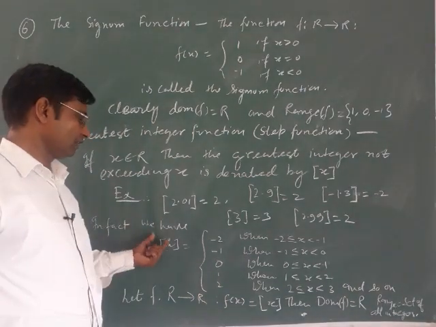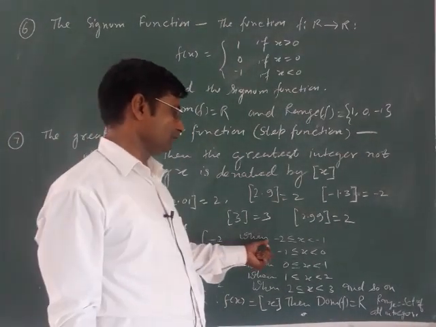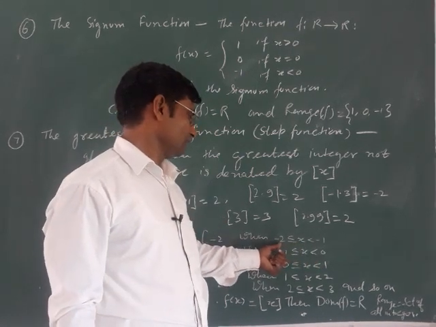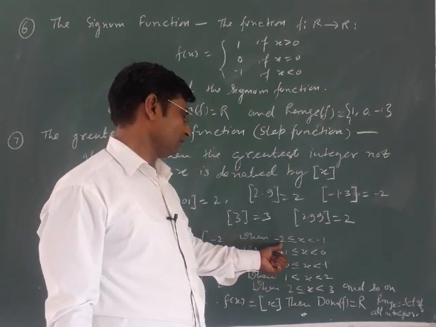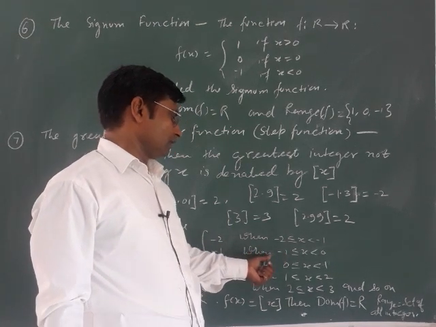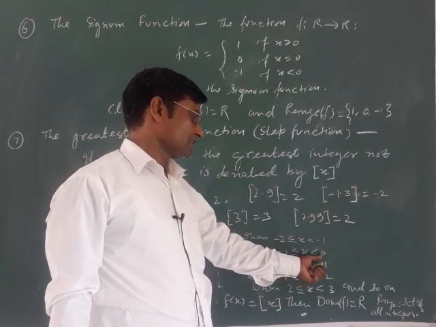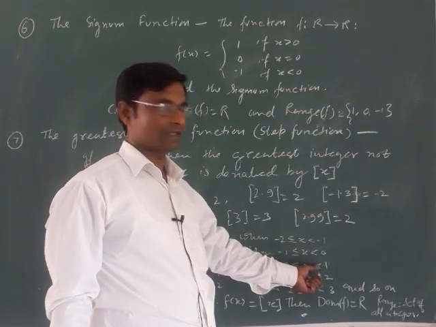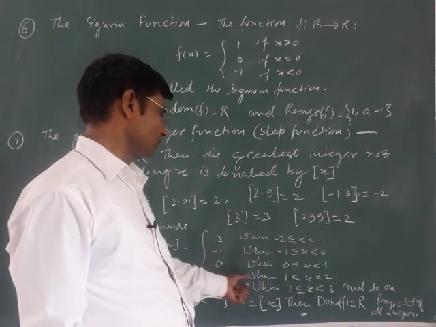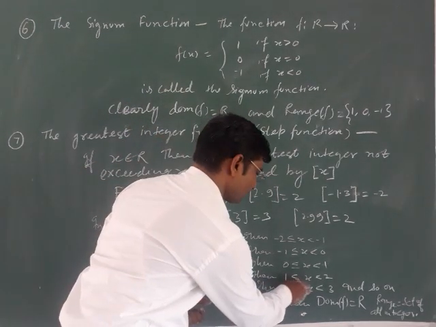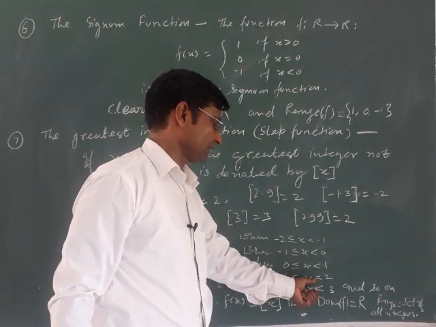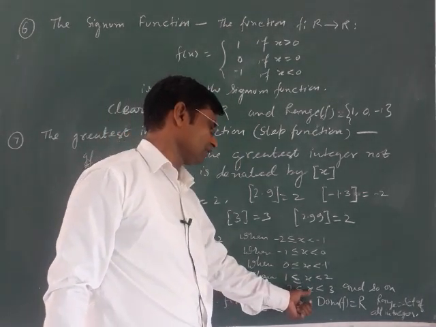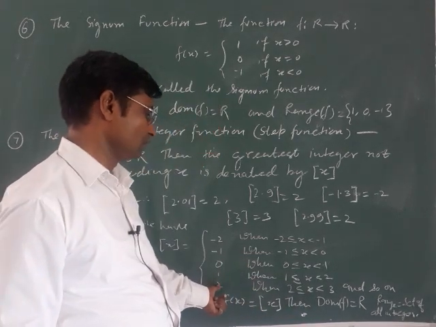And in fact we have [x] = -2 when -2 is less than or equal to x less than -1, and when -1 is less than or equal to x less than 0, the value is -1. When 0 is less than or equal to x less than 1, the value is 0. When 1 is less than or equal to x less than 2, the value is 1. In the same way, when 2 is less than or equal to x less than 3, the value is 2.